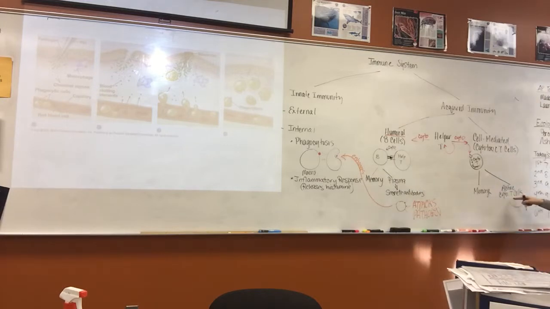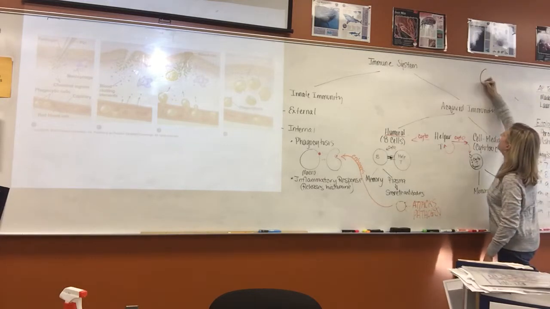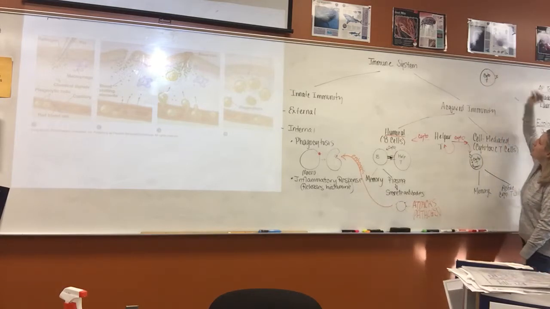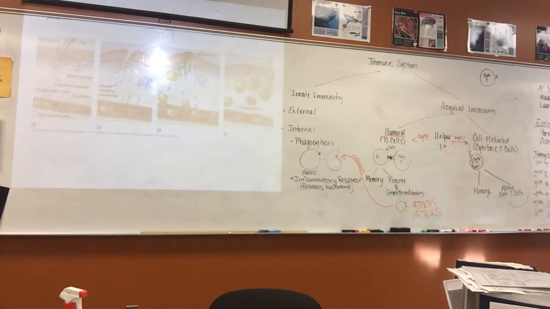So when you get an active cytotoxic T cell, it has an antigen receptor on it, and what it does is go look for infected cells. How does it know which of your body cells are infected? What do infected cells do? They present the antigen.